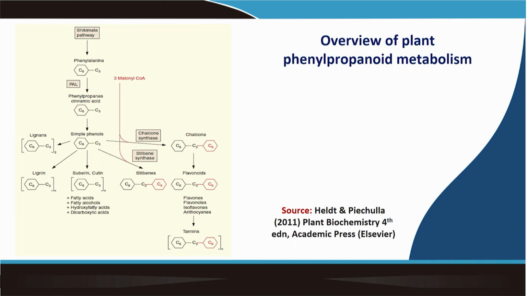What I have said is that the shikimate pathway contributes to phenylalanine or tyrosine or both. The phenylalanine compounds are C6C3 compounds.